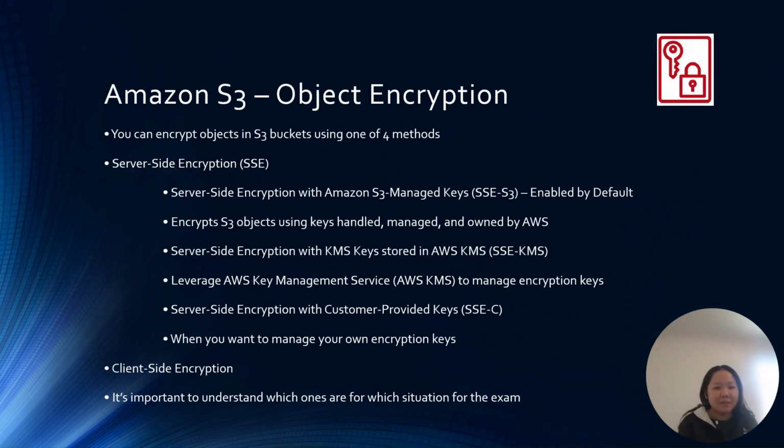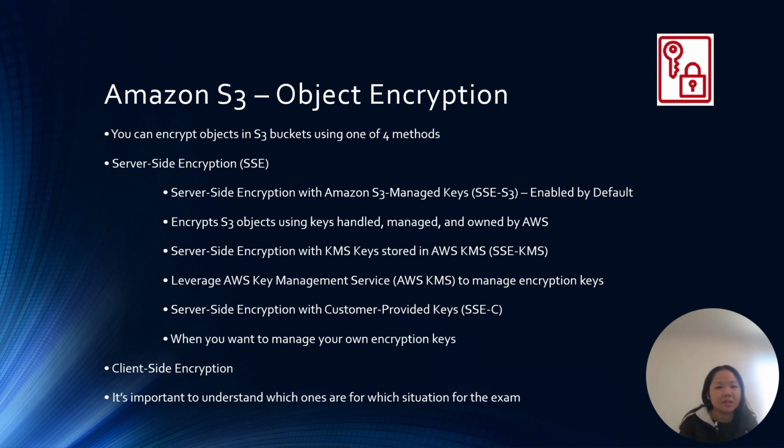Let's start with Amazon S3 Object Encryption. You can encrypt objects in an S3 bucket using one of four methods. Server-side encryption with Amazon S3 managed keys, SSE-S3, enabled by default, encrypts S3 objects using a key handled, managed, and owned by AWS.